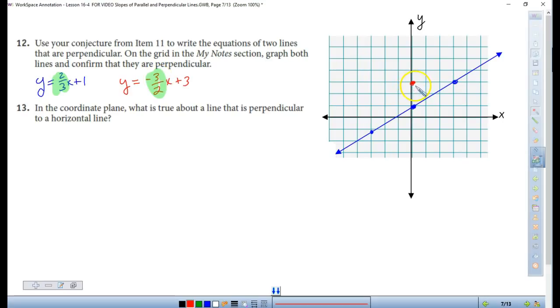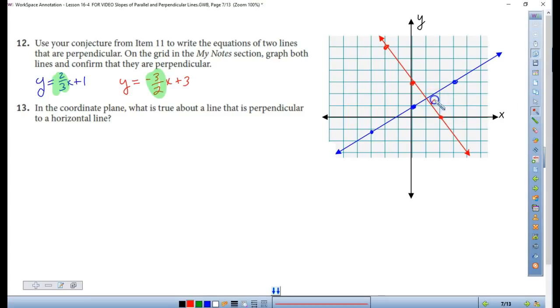So rise -3, run 2. So that's here, 1, 2, 3, 1, 2. Go the other way, 2, 3, 1, 2. So that one would look like this, and we're going to see if they look like they're perpendicular.